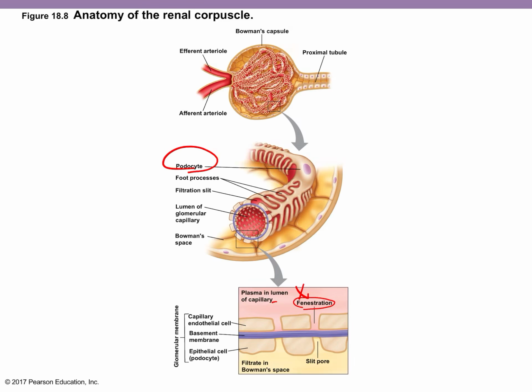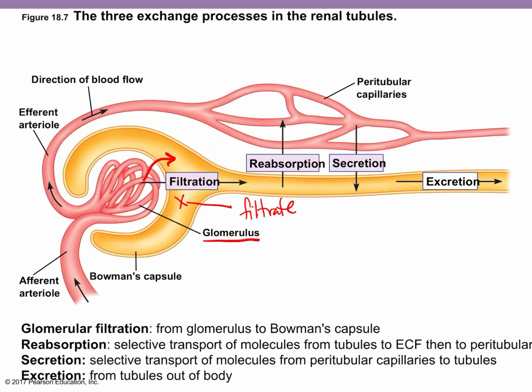So albumin, for example, and your clotting factors, you're not losing those in your urine because those are too big to move through the fenestrated capillary. A protein might move through there, but then it's going to hit a second barrier, which is the basement membrane. It can hit a third barrier, the epithelial cells of the podocyte. So that's your filtration membrane. Things that are able to move through all three of these barriers will be filtered.